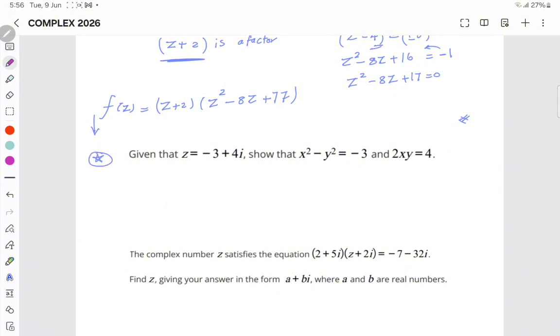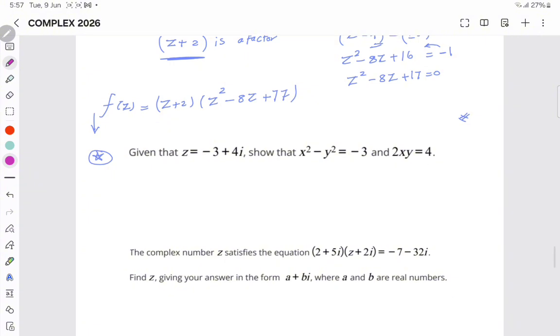It's tricky. Given z is equal negative 3 plus 4i, show that x squared minus y squared equal negative 3 and the 2xy equal 4, and that equation's coming only from square root. So let z here is equal negative 3 plus 4i.